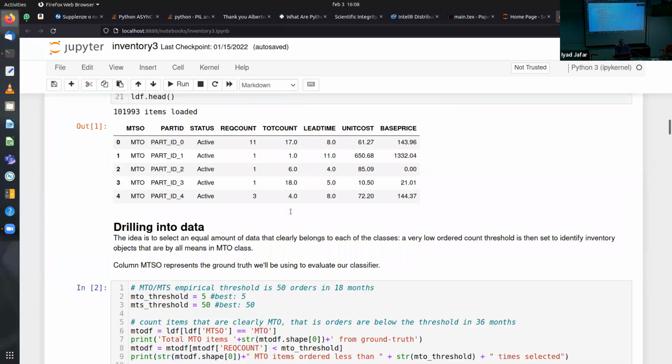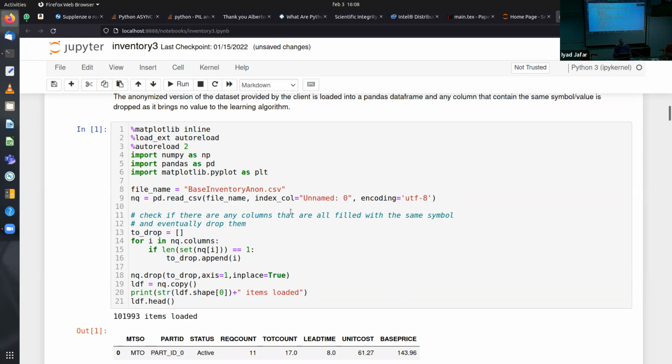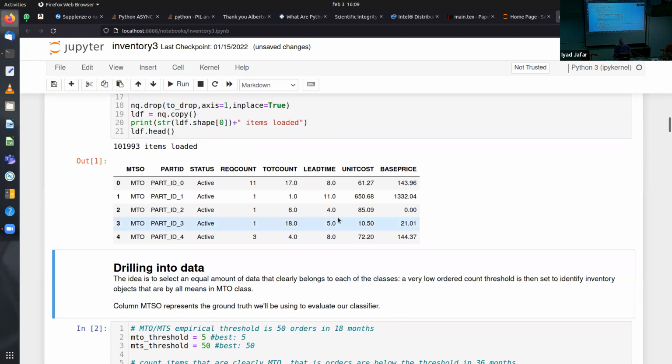So I'm showing you how to load. Well, we load first the data set. The data set has been anonymized, and the features that we were given were only those. So we had the ground truth, whether it is MTO or MTS, meaning whether it is generally used as MTO or MTS. Part ID has been anonymized, as I said before.